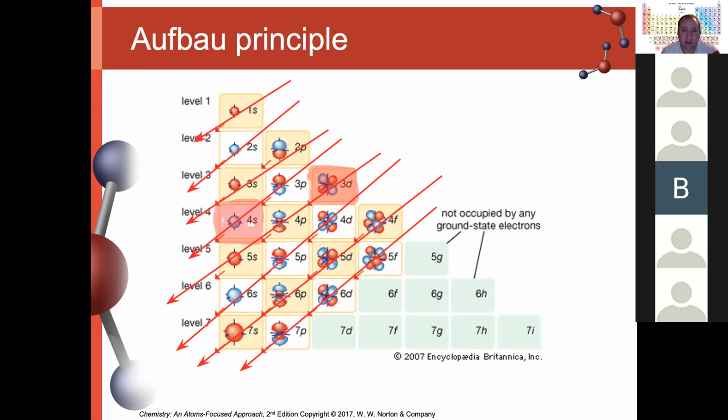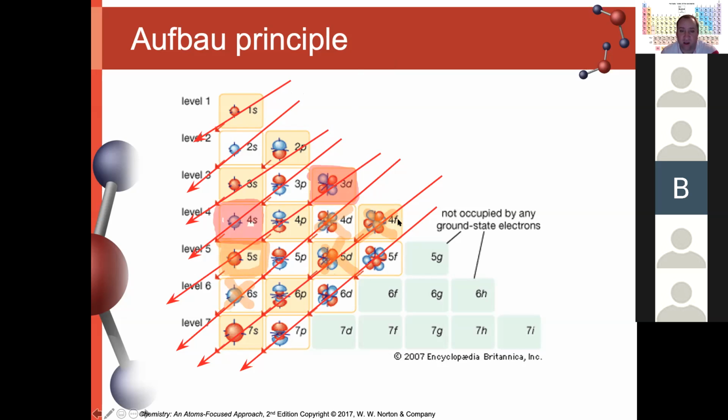And we can see that this anomaly is consistent. If I take it to the 5s, 5s is lower in energy than 4d. 6s is lower in energy than 5d or 4f. We actually see that the f sublevels are quite high in energy.